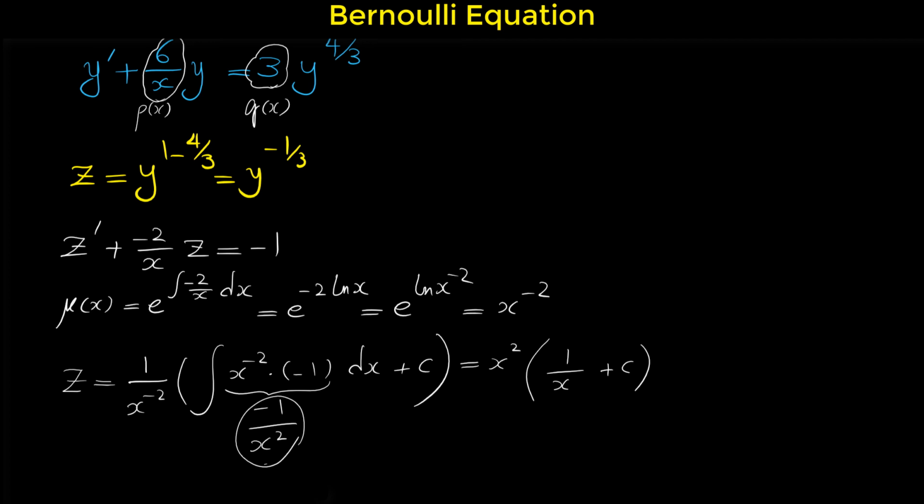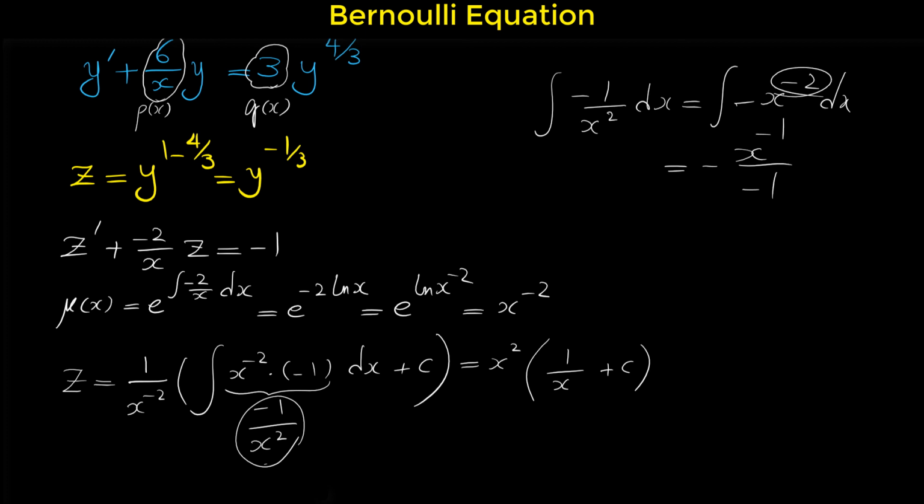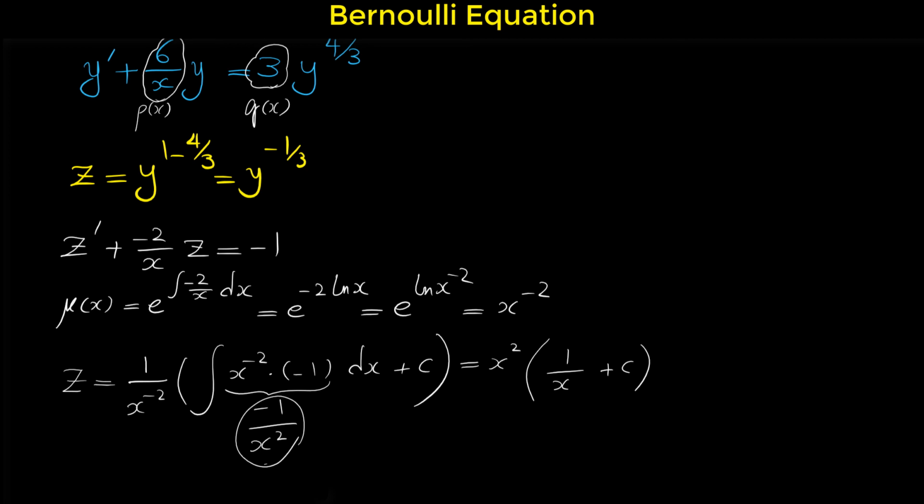If you don't remember how to calculate that integral, note that negative 1 over x squared dx, or negative x to the negative 2 dx, is negative x to the negative 2 plus 1, which is negative 1, over negative 1. This goes with this, and this is 1 over x. With the power rule, you can calculate that integral.